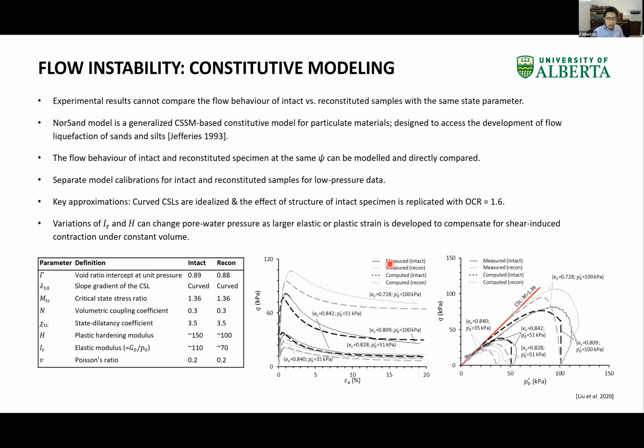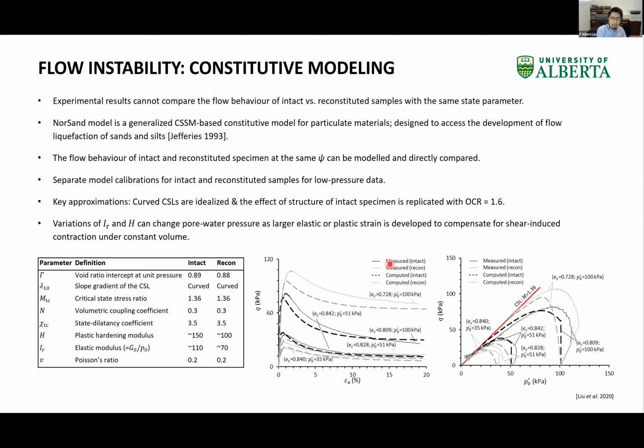And we can see here that in the calibration, the elastic stiffness and the strain hardening parameters in the NorSand model can change the pore pressure development rather significantly, because larger elastic and plastic strains are developed to compensate for the shear-induced contraction on this constant volume, as you can see here.